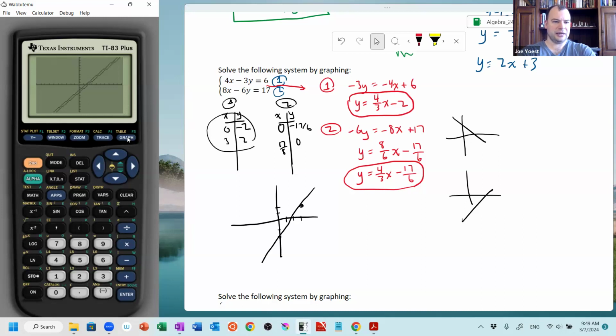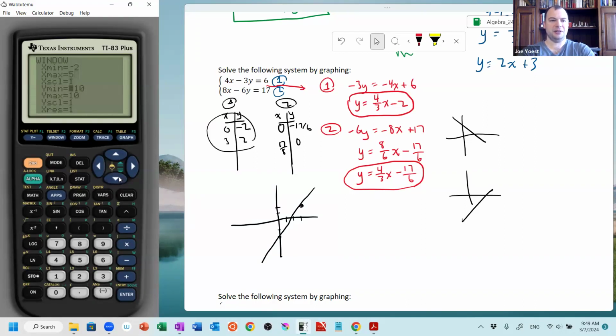And here I have two lines that seem to be parallel and are not the same line. Let me zoom in a little bit, more or less the middle here, but a little off to the right. So maybe like -2 to 5 on x, and maybe about the same for y. There's nothing super special about -2 to 5.